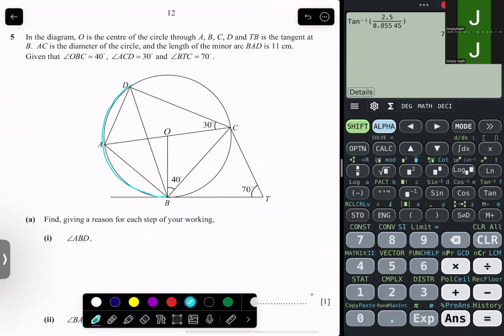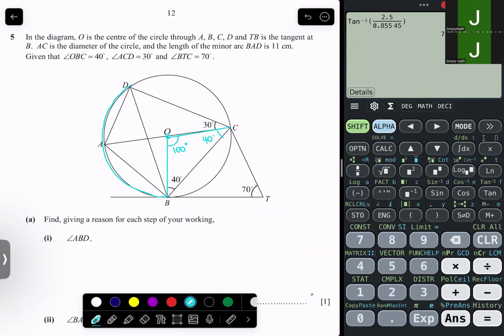Okay, so what I like to do down here is I like to find every angle that I can possibly find, to make my life a little bit easier later on. Since this is the center, we know that this part must be a sector, right? Radius and radius. So 40 degree, we'll have 40 degree down here, and we'll have 100 degree over here.